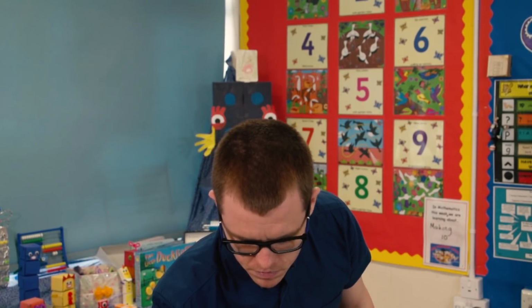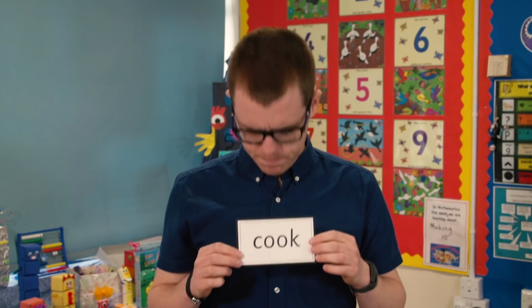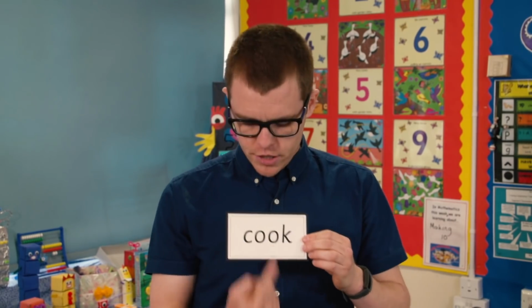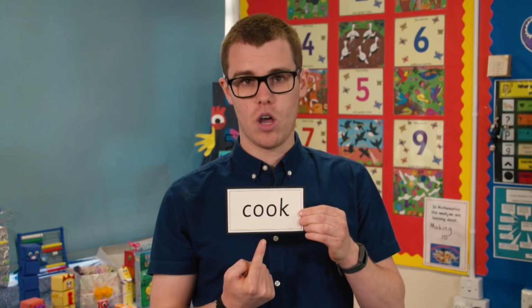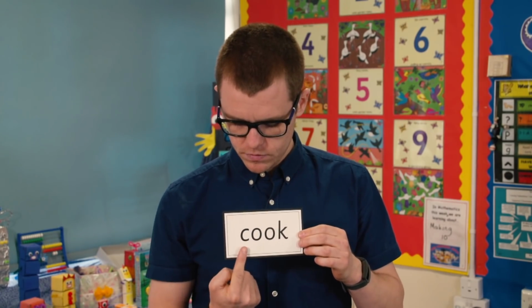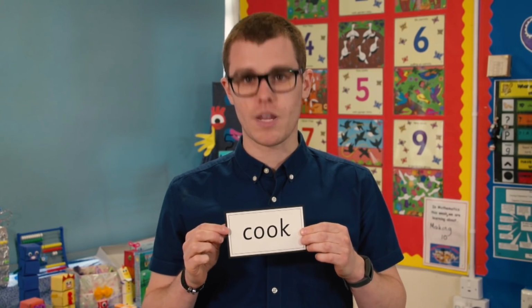I've got another word for you now. Can you spot the digraph in this word? Yes, it's in the centre. The digraph is... Read each sound as I point. And have another go.